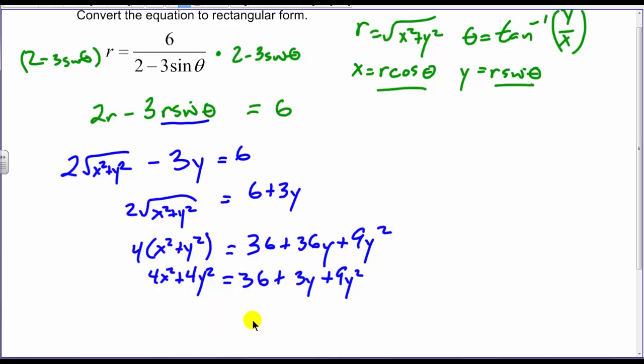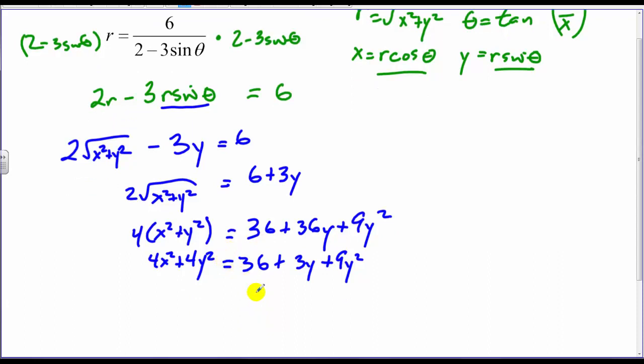In doing so, what I'm going to end up with is 9y squared minus 4y squared, which is 5y squared, minus 4x squared plus 3y, minus 30, or actually plus 36, and that will equal 0.